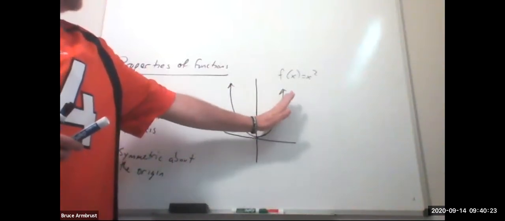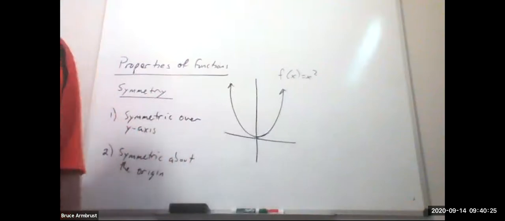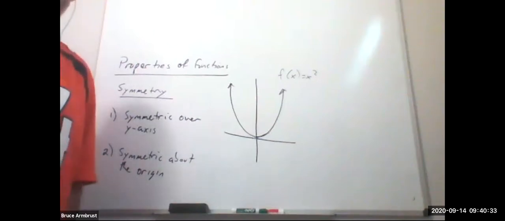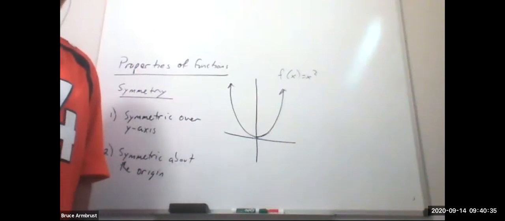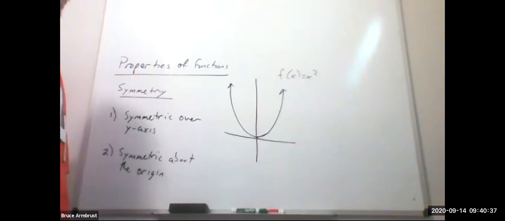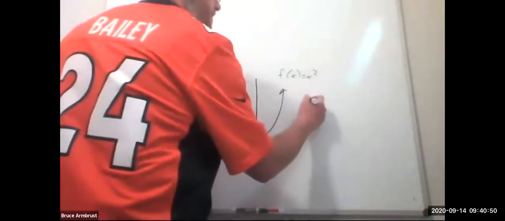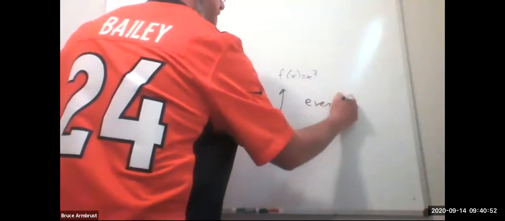We see the reflection of one side on the other side. There are a lot of functions that have this. Cosine, absolute value of x. Again, tons and tons. So we call this one symmetric over the y-axis. And the name that we use to describe this is what we call an even function.